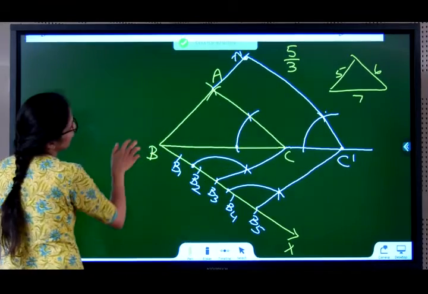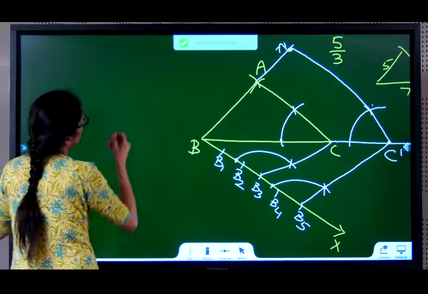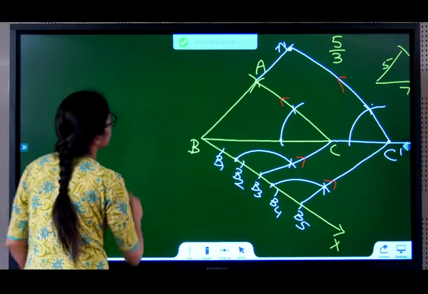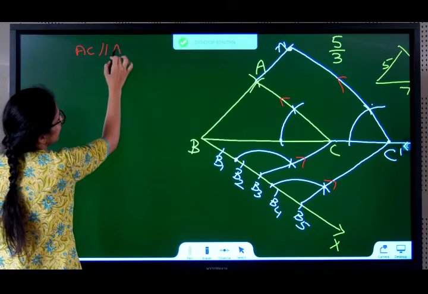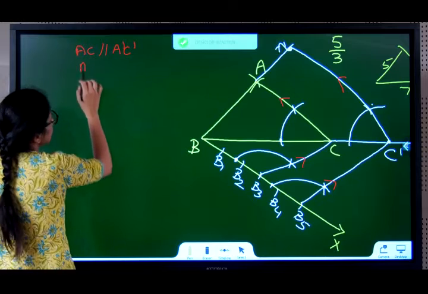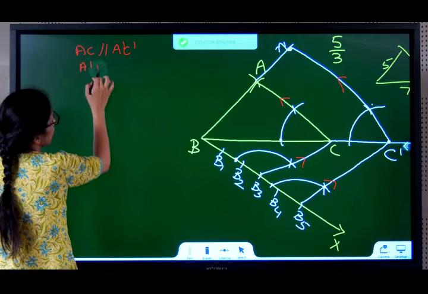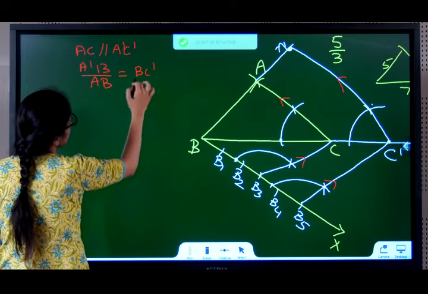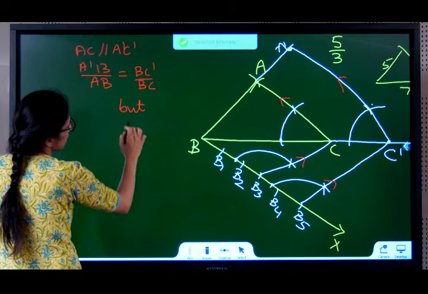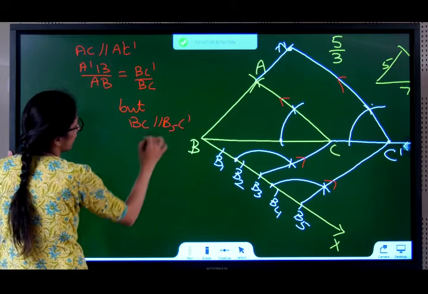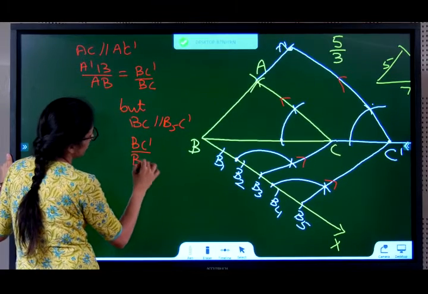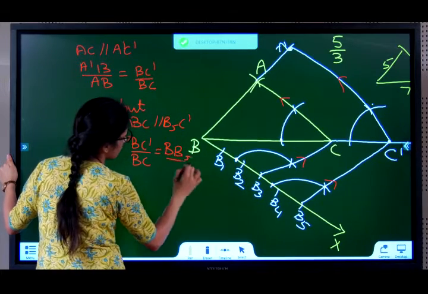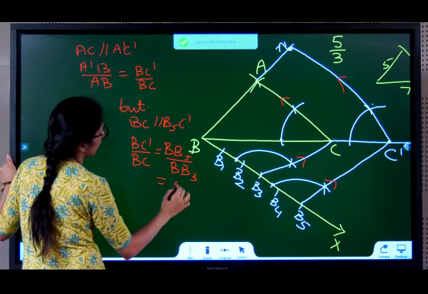Now justification, like how we did the previous part itself. Okay, so here this is parallel to this and here this is parallel to this. So let's begin. AC is parallel to A dash C dash. So can I say the new triangle, new by old, okay? So A dash B by AB is equal to BC dash by BC, but BC dash by BC, new by old, is the same as BB5 by BB3, since B3C is parallel to B5C dash. 5 is to 3.